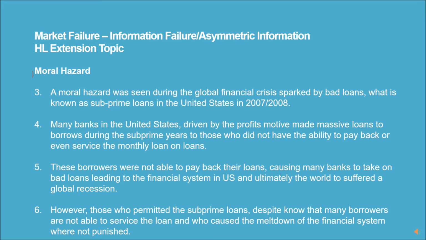These borrowers were not able to pay back their loans, causing many banks to take on bad loans, leading to the financial system in the US and ultimately the world to suffer a global recession. 6. However, those who permitted the subprime loans, despite knowing that many borrowers were not able to service the loan, and who caused the meltdown of the financial system, were not punished.